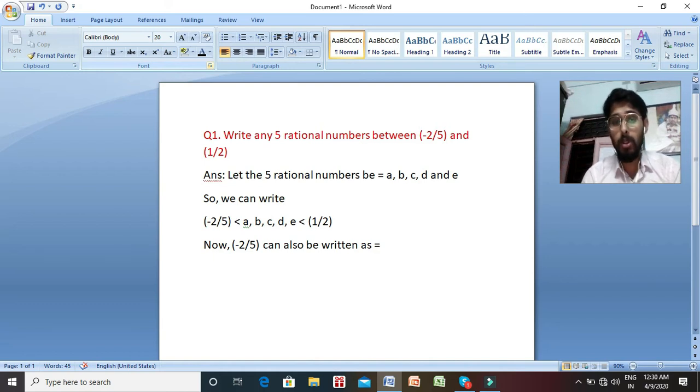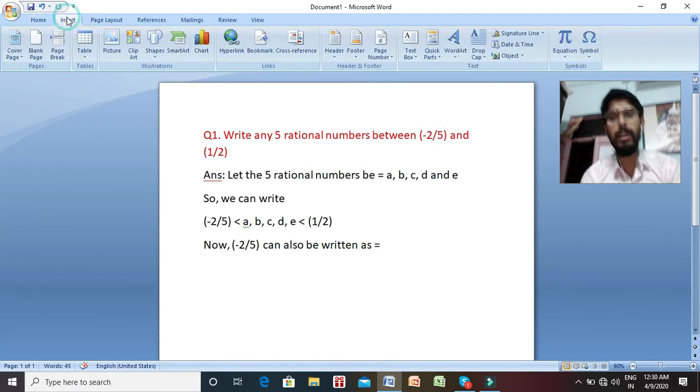The other denominator is 2 here, so we need to multiply 2 with 5 and also with -2. And similarly, to make the denominator of 1/2 the same, we need to multiply 5 with 2 and also with 1.